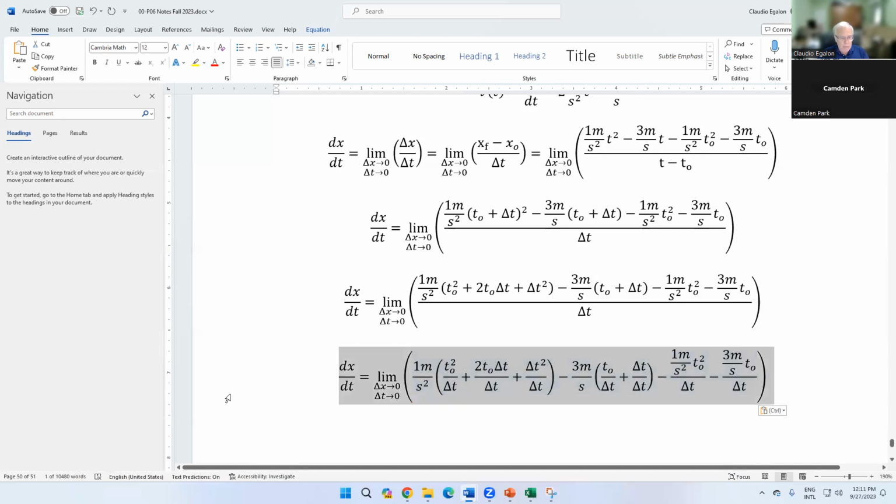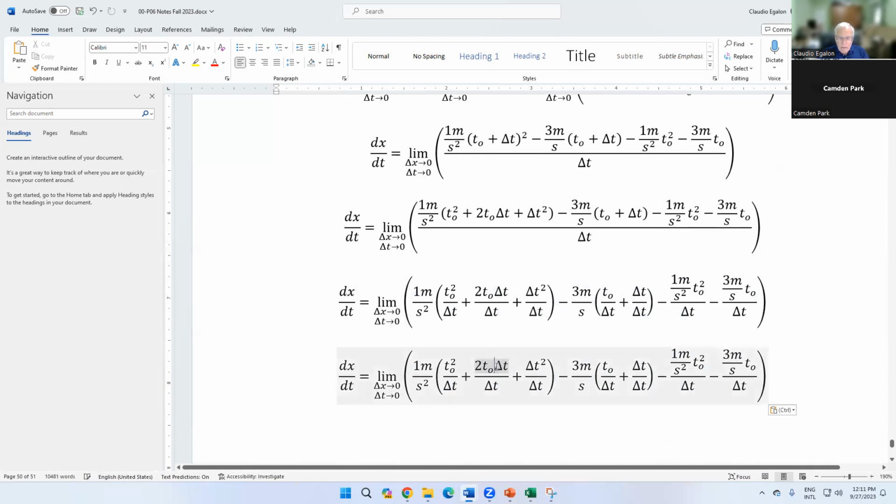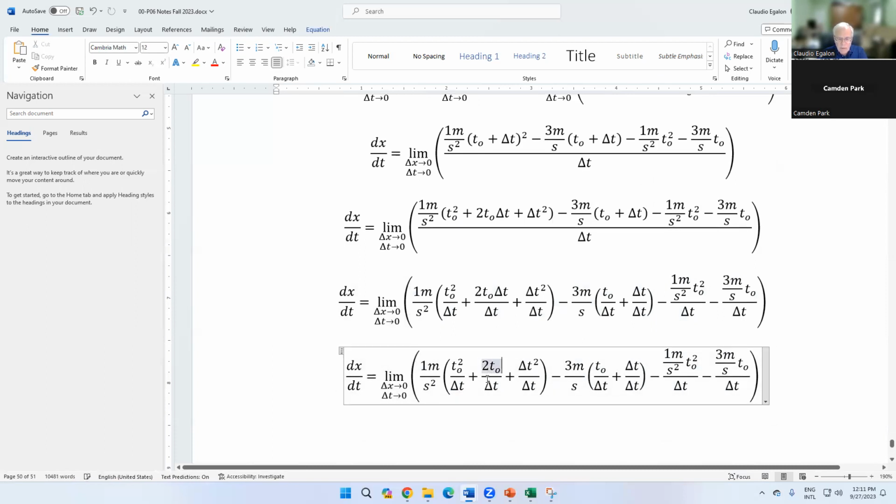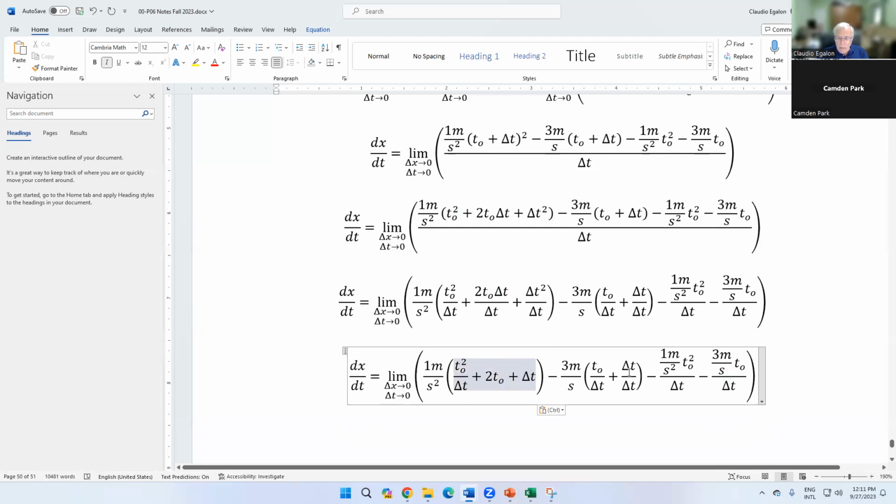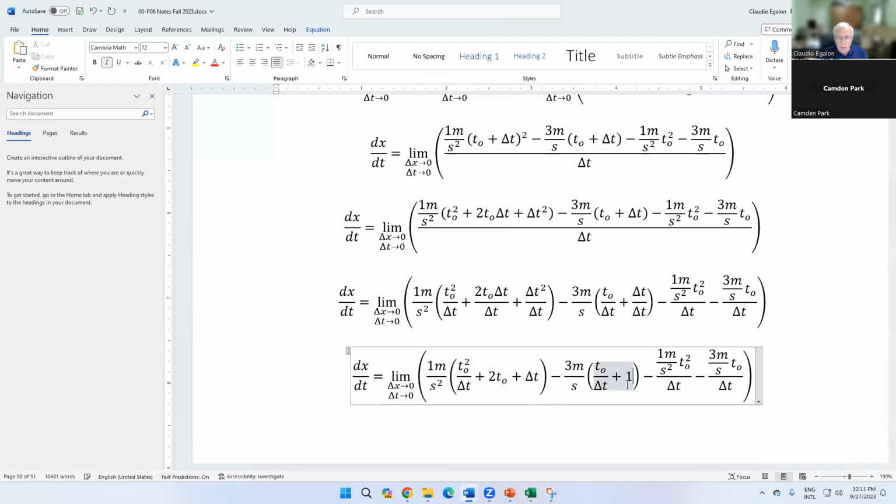Okay. So we go. This delta t cancels out with this delta t. This delta t cancels out. Delta t squared cancels out with the delta t, right? This one becomes 1. Okay, that I did everything I could have done, right?